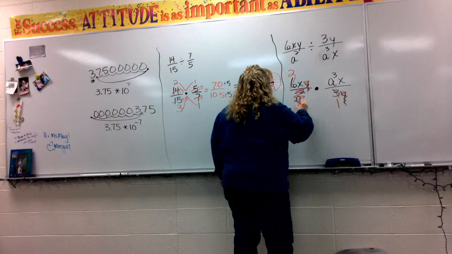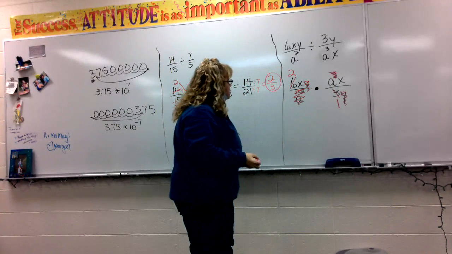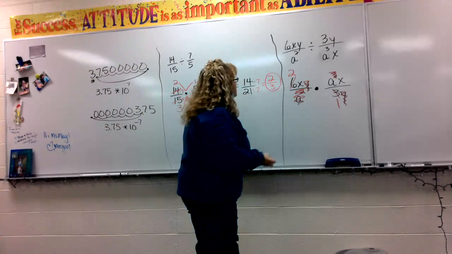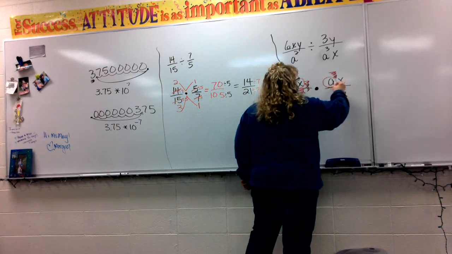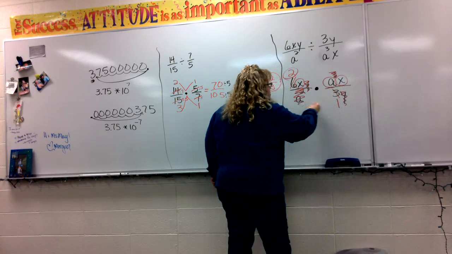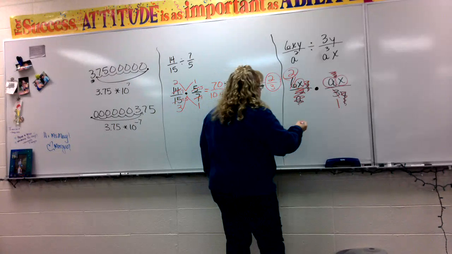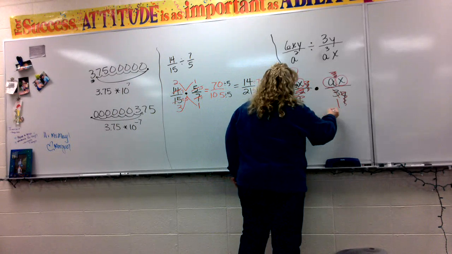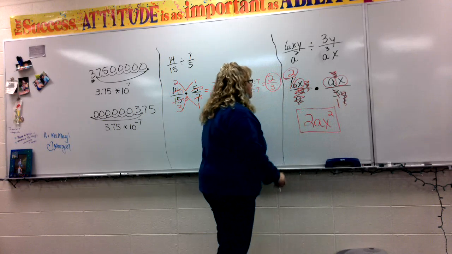So these 2 would cancel with 2 of those. Anything else? So be careful. I have a 2x, a x. On the bottom, I don't have anything, right? What do I end up with on top then? A x squared. And that would be your final answer.